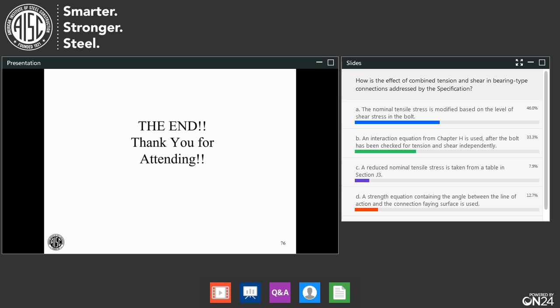It is A. This is our F sub nt prime that we saw a couple of times in the calculations. This is equation J3-3A in the specification. Option B is tempting, but we don't go to Chapter H. So really it's A. A is the answer.